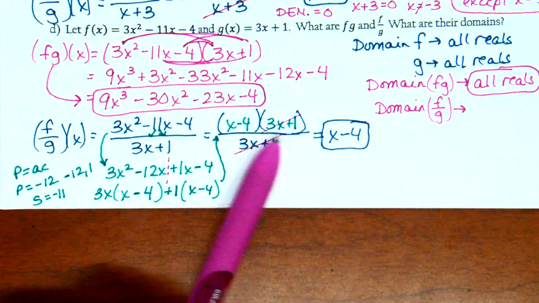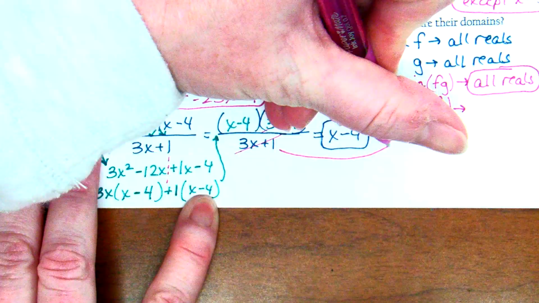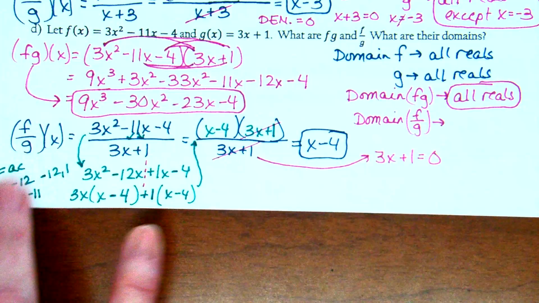We had a fraction here. What's an issue with a fraction? Denominator cannot equal 0. So what do I do to find my excluded value? Set the denominator equal to 0. So you're not saying your answer equal to 0. You're saying your denominator equal to 0.